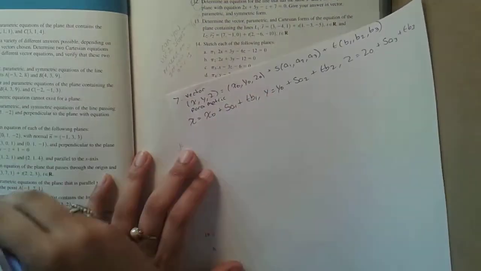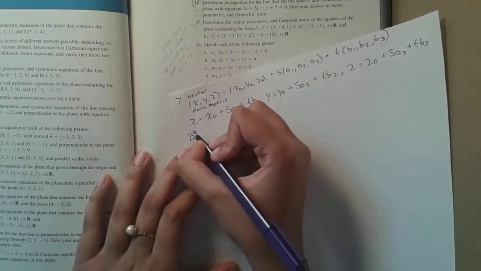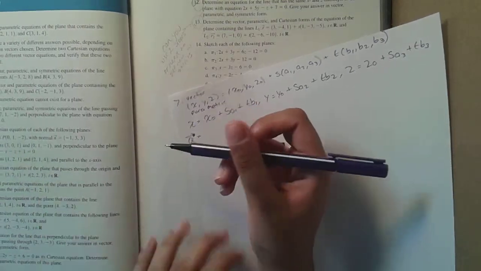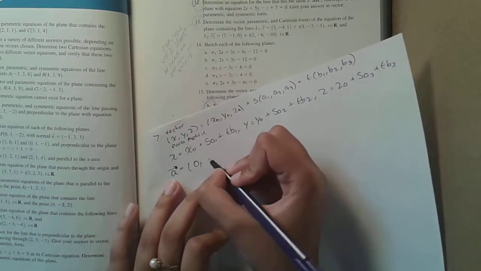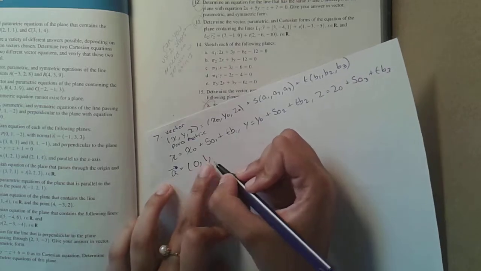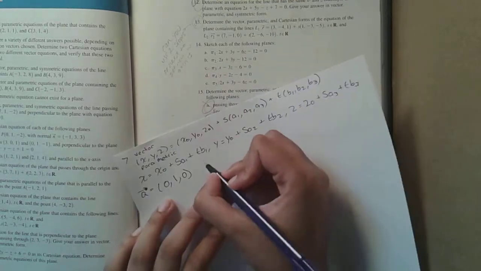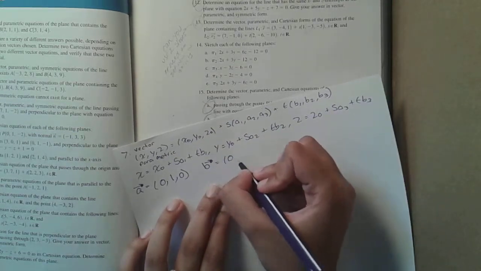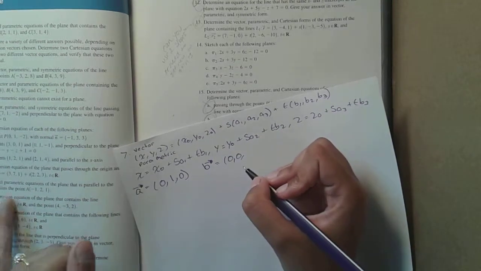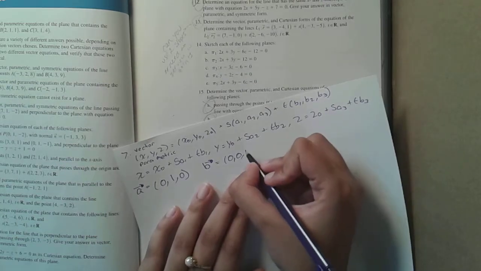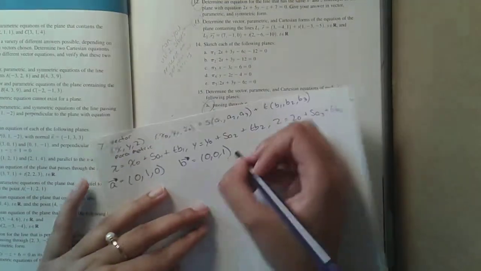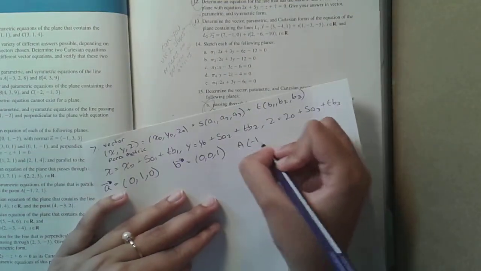So a will equal the y plane, so you put 1 where the y value would be and 0. And then for b, you would put 0, 0. This is the z plane, so you put 1 here. Those are your a and b. And you are already given a point.